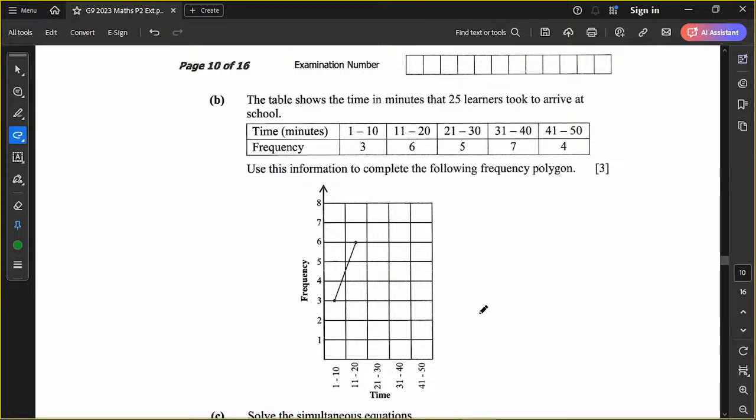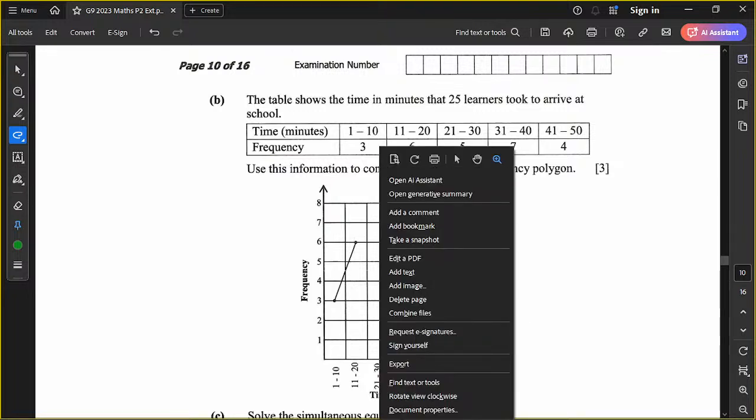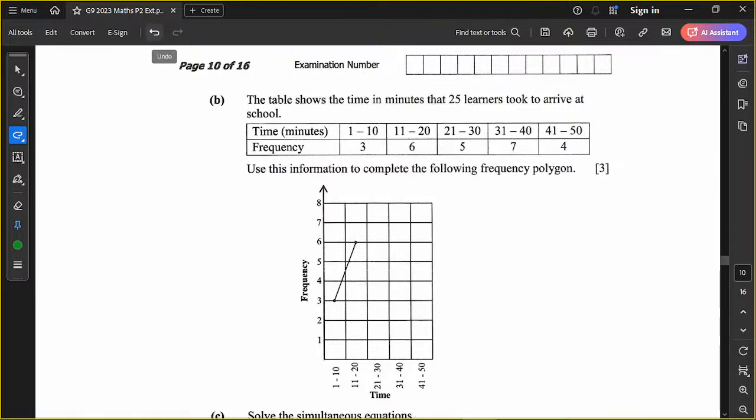Okay, so we can start from this part, which is 1 to 10. We are told there were 3 and it is marked. Then 11 to 20, there were 6, it is marked. Then 21 to 30, there were 5, so we are going to mark it here.